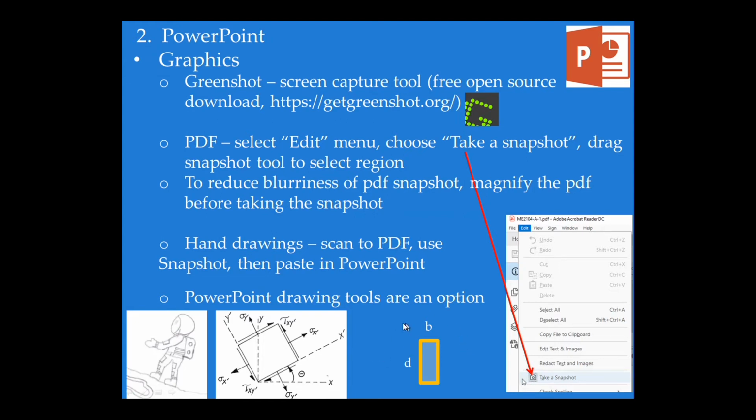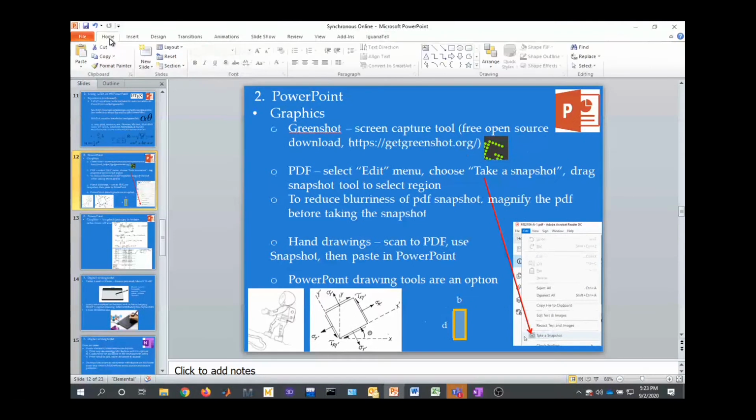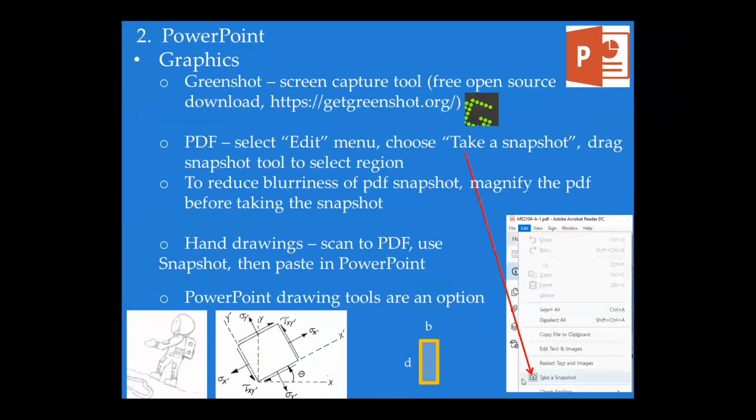You also can use the drawing tools that are available inside PowerPoint. And at the Home tab over here, you can see there are a bunch of different graphics and things, lines and arrows and so on that you can draw things in PowerPoint. And so I certainly made use of that as well.